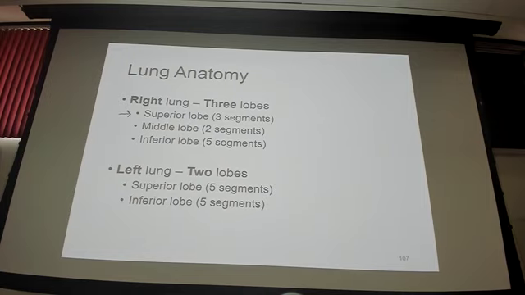So, 3 lobes, okay? 3 lobes being what? That's why we have 3 lobar bronchi, right? We have 3 on the right side, 2 on the left side, okay? Segments equal 10 on both, but again, we just need to know about the lung segments. We don't necessarily have to know each individual segment. That's why I don't even put it on here.